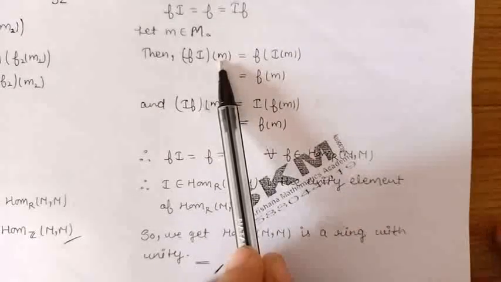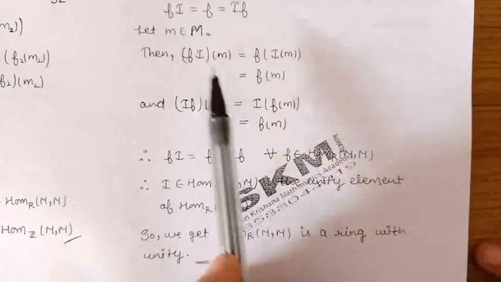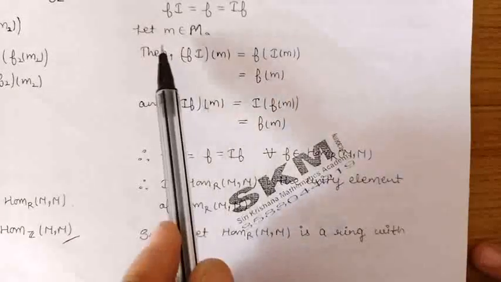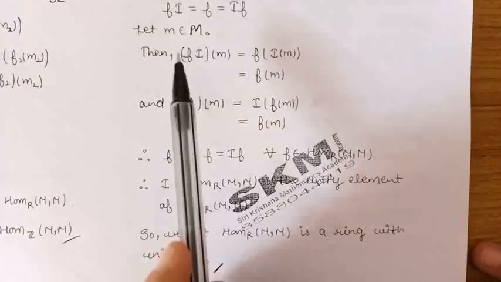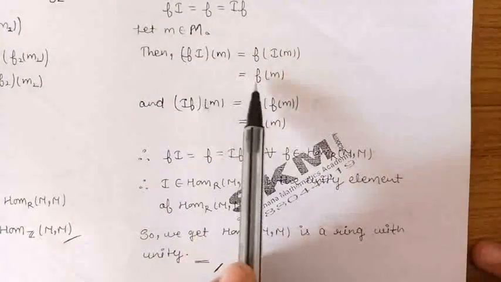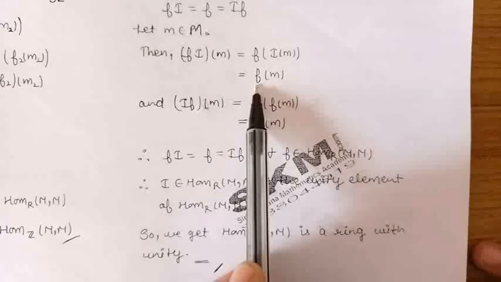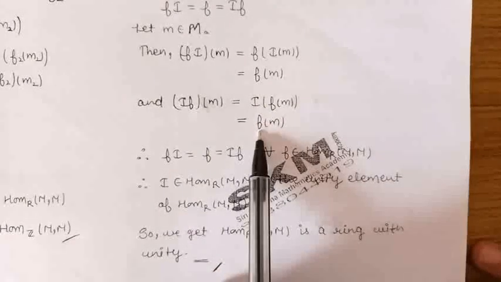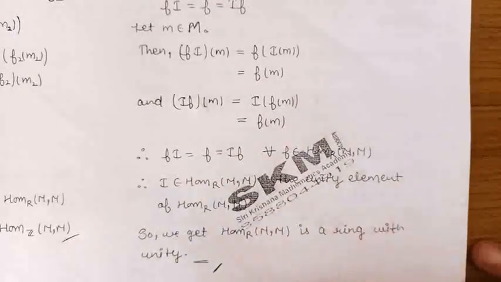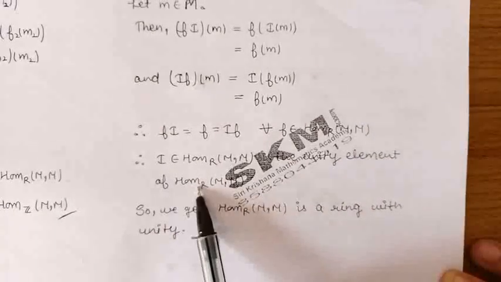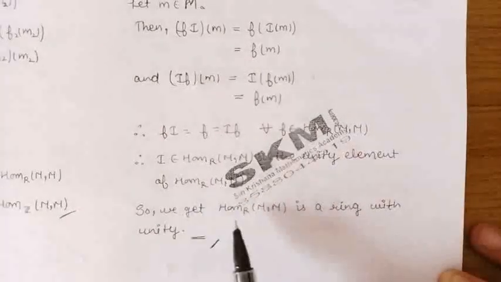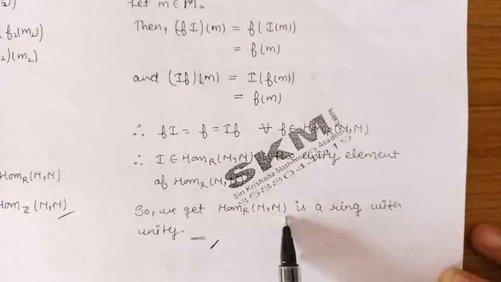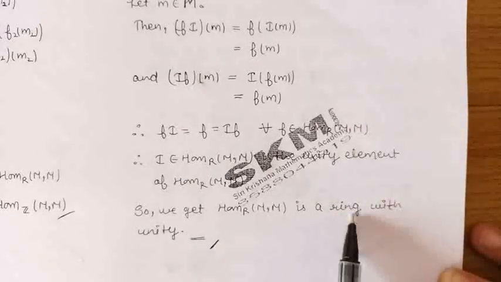So the image of m under the mapping F into I is equal to the image of m under the mapping F. And this is true for every element m belonging to M. So this proves that F into I is equal to F. In the same way, you can prove I into F is equal to F. So by definition, we can say that I is the unity element of this ring. So we have proved the set of all the R homomorphisms of module M into itself is a ring with unity.